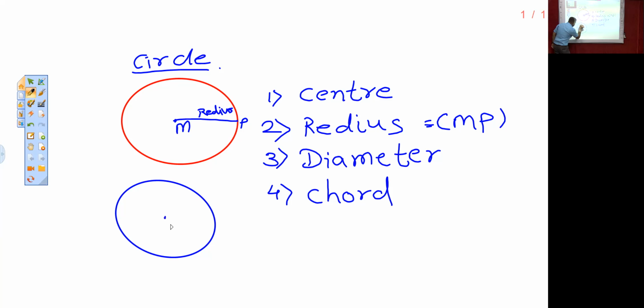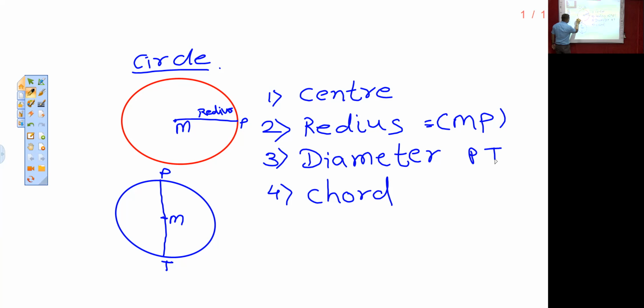M is the center of the circle. One point is P and here I give another point T. So the diameter means the line which passes through the center of the circle, and the second form is the double of the radius. So the diameter here is PT.